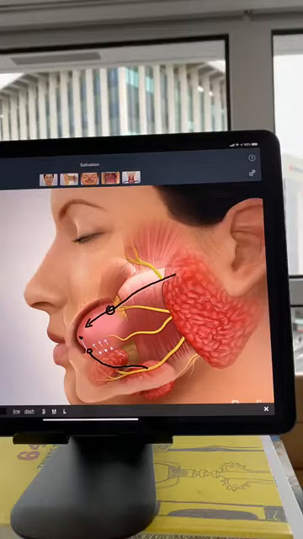But fortunately, like all other systems in our body, there is redundancy. Just like we have two kidneys and one is adequate enough to do the job, which is why some people donate their kidneys to a family member or a friend or someone else, and they still survive and do fine. So is the case for salivary glands.